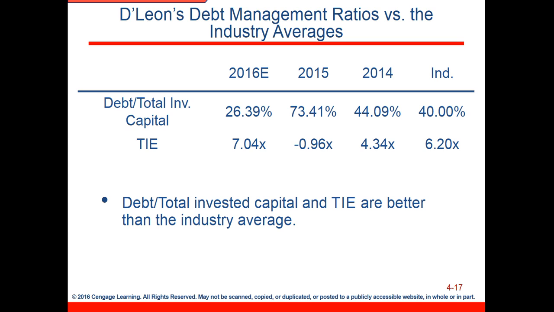If you look at it from a historical perspective, we are going to see that debt over total capital jumped in 2015 as a result of heavy borrowing, but it's getting better in 2016. The company's estimated debt to total invested capital seems to be well below average.